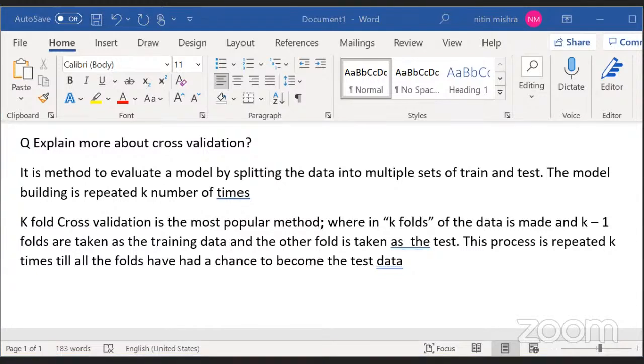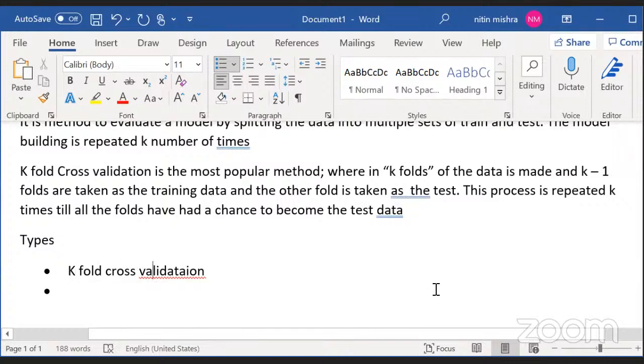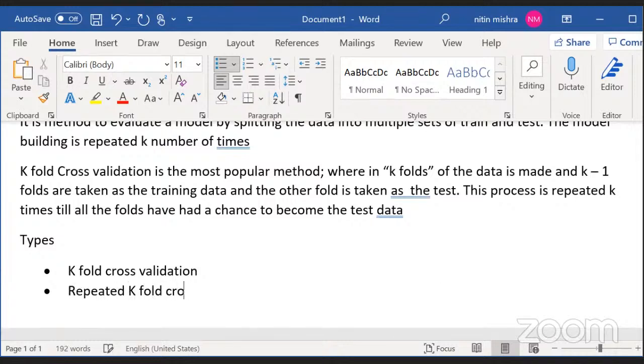Now, there are various methods within this type. K-fold cross validation. All right.